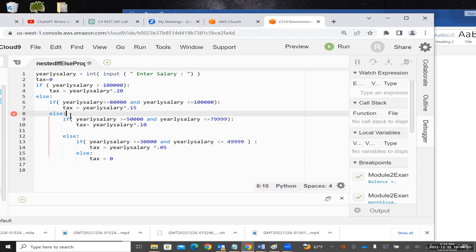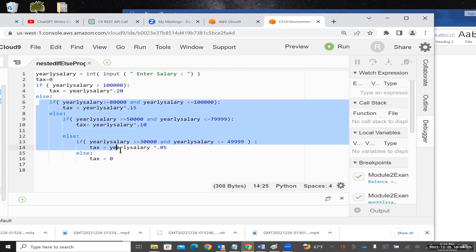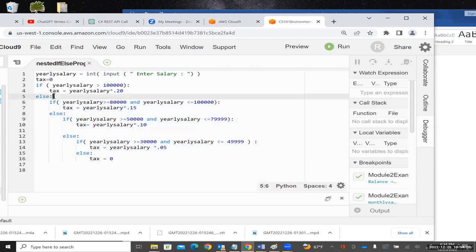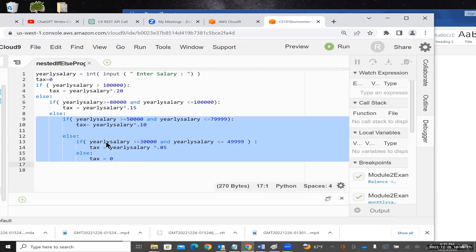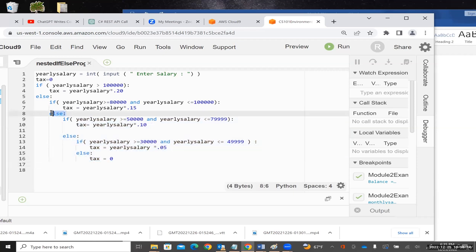And it's complaining because there is no colon over here. There you go. If you look at these lines here, pay very close attention to the indenting. All of this is the body of this else, and I have only one instruction as the body of the if condition. Again, all of that is the body of else, and all of this is the body of this else over here.